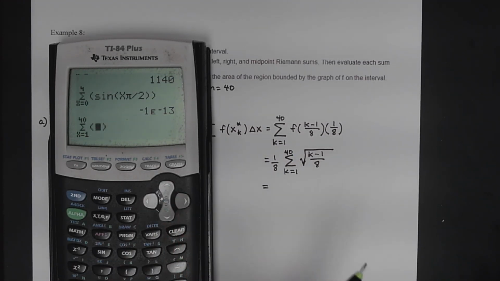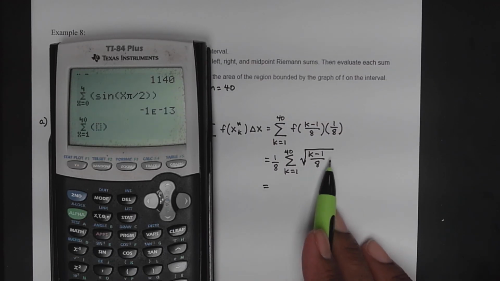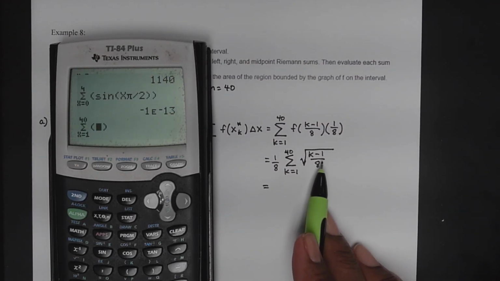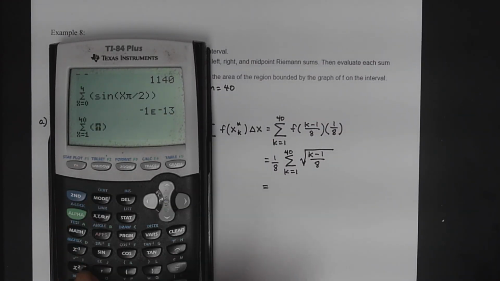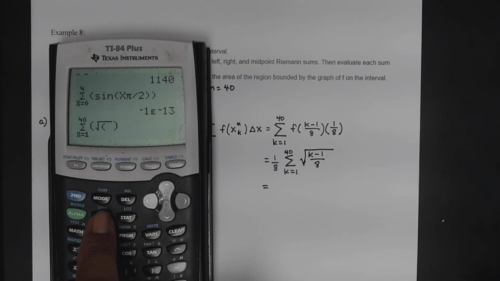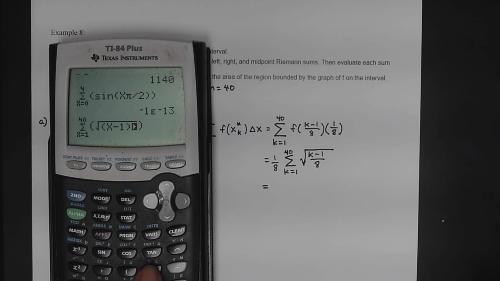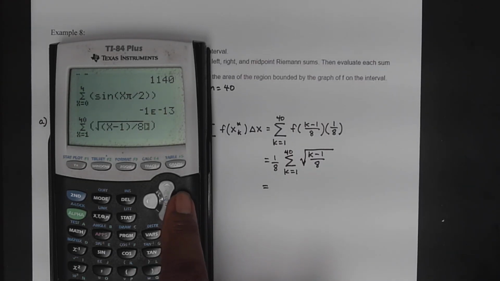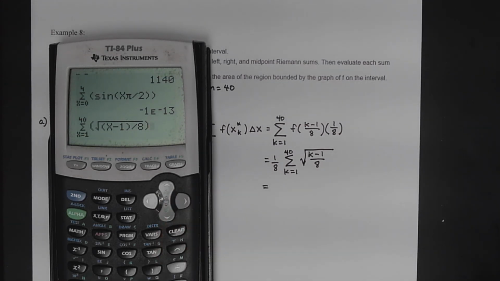Right arrow key. Now we need to enter this. For the square root, let's do second X squared. For the K minus 1, I'm going to put that in parentheses: left parenthesis, X minus 1, close parenthesis, divided by 8. Use my right arrow key to get out of the radical, and the right arrow key again to get out of the parentheses.